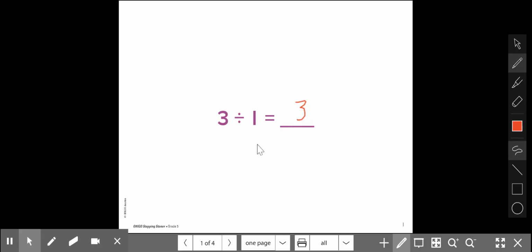So you can turn this into a multiplication problem simply by rearranging some of the symbols. What we're looking for is what times 1 would equal 3. So you can turn it around and look at it just like that.